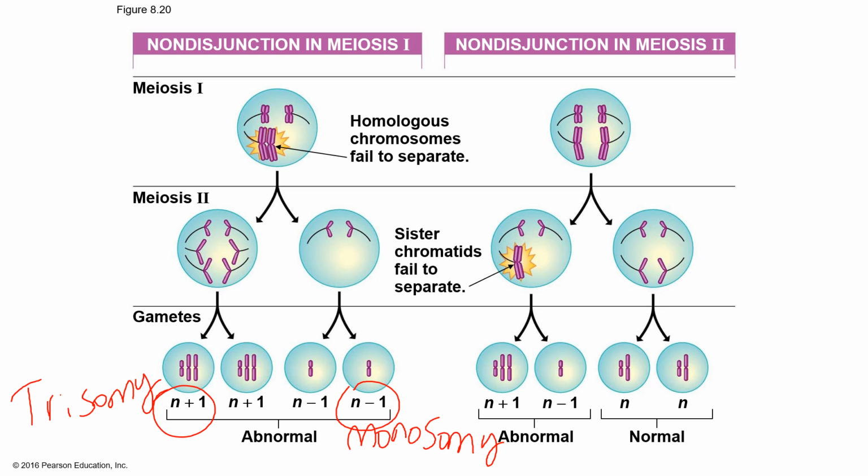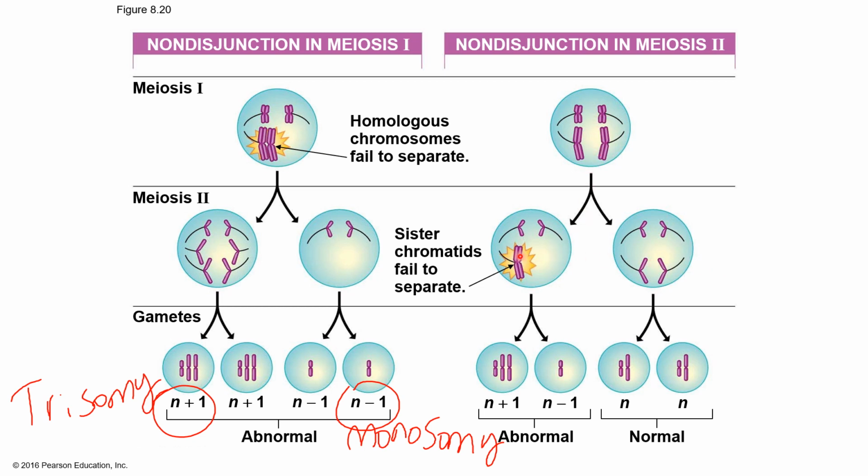Also, non-disjunction can take place during meiosis 2. Say that during the first set of division, everything went fine, and your homologous chromosomes were able to split perfectly. So nothing went wrong during the first division.